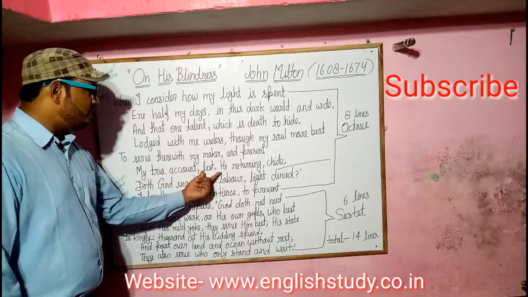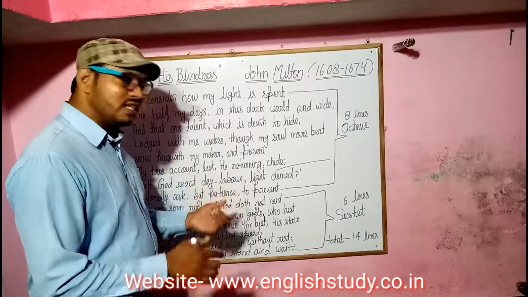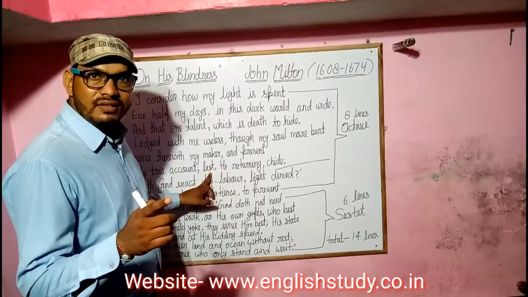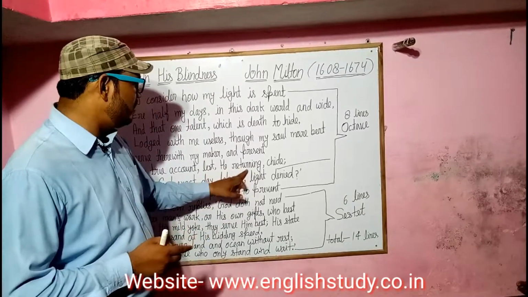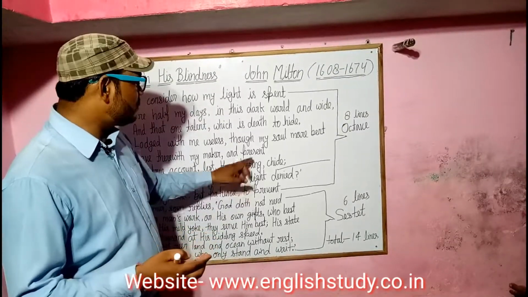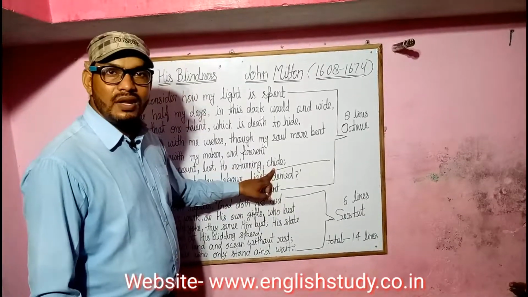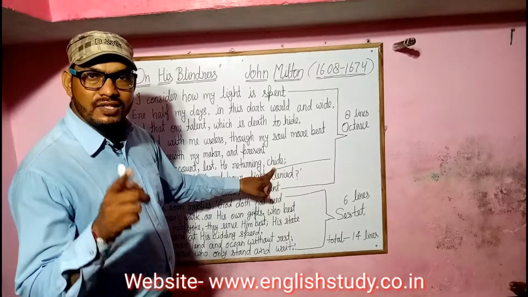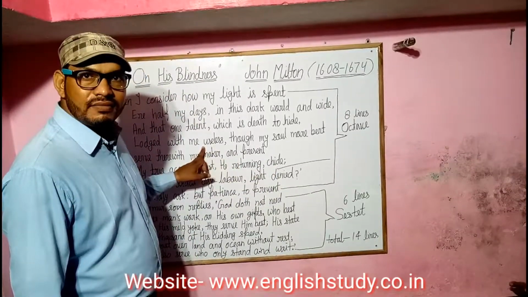"Lest" means lest it should happen; this word gives fear, a fear of the future, of returning after death when his soul will be in the court of God. "Chide" means scold. He fears that God will scold him if he is unable to use his poetic talent.